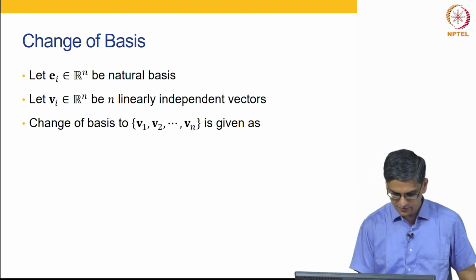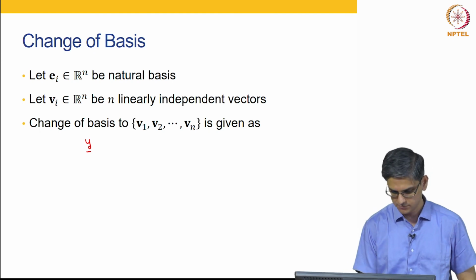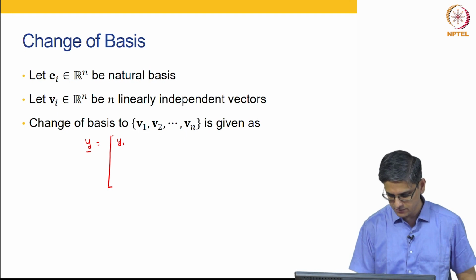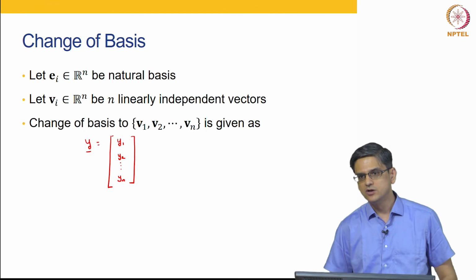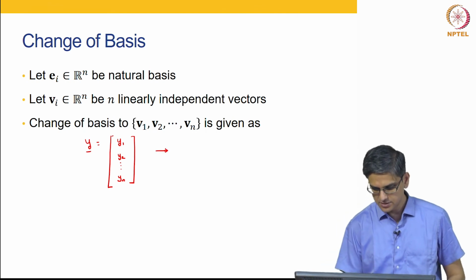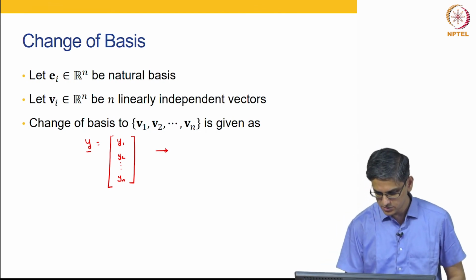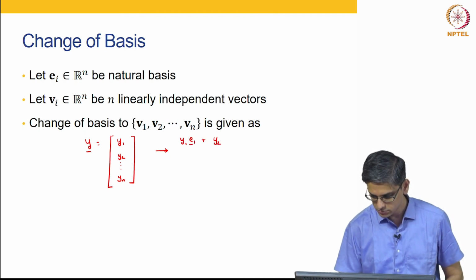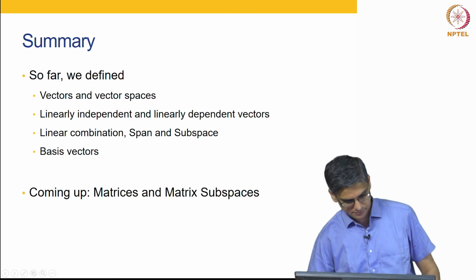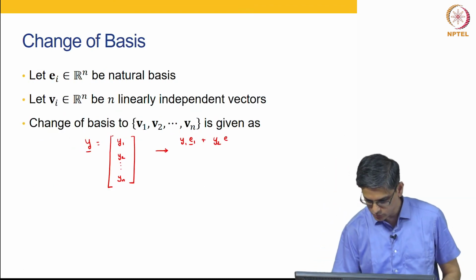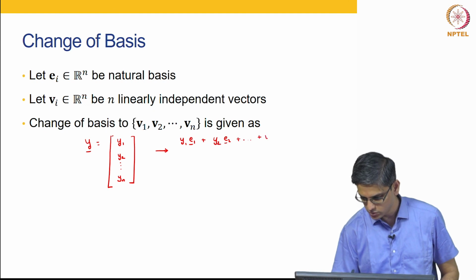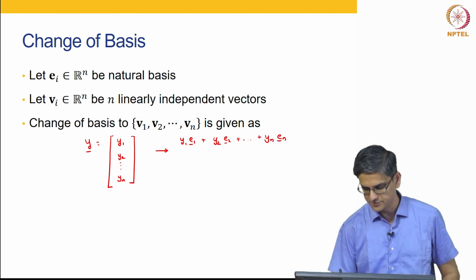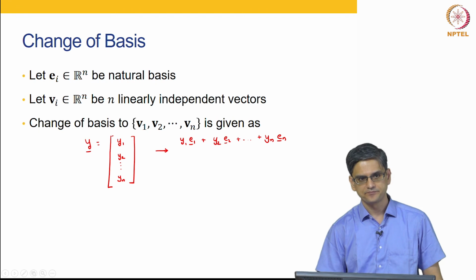Let us say we have a vector y bar, represented as y1, y2 up to yn. What that really means is that it is y1 e1 bar plus y2 e2 bar plus so on up to yn en bar. That is our y bar.